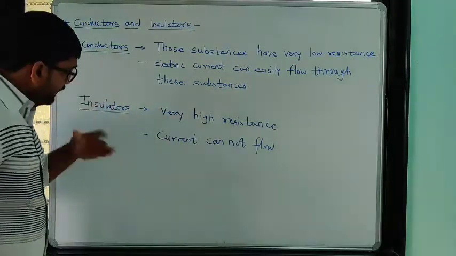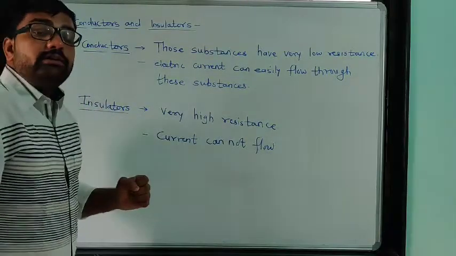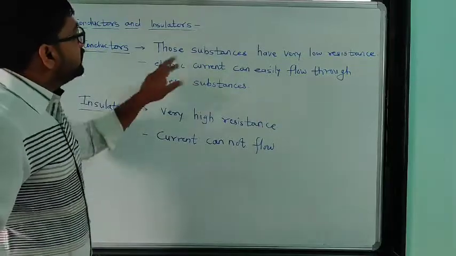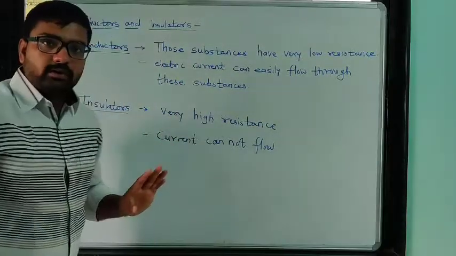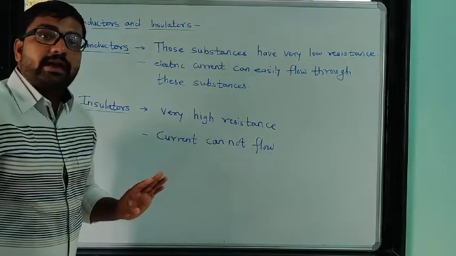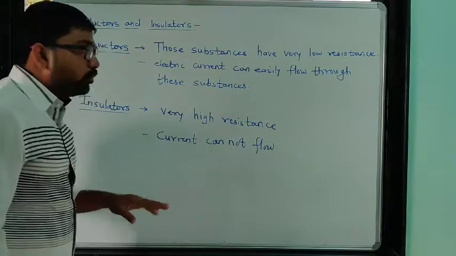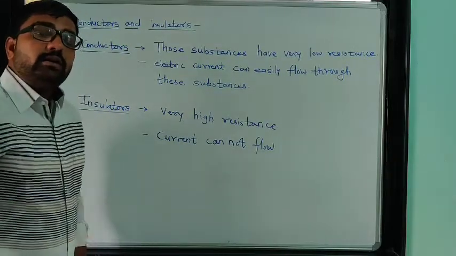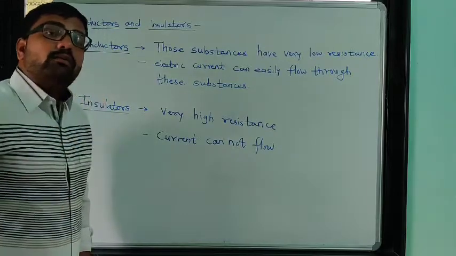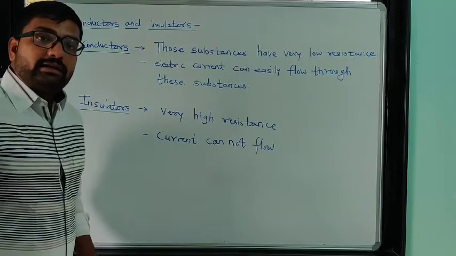And the second type is insulators. In insulators, those substances have very high resistance. Due to the high resistance, we see collisions of moving electrons with atoms and ions.